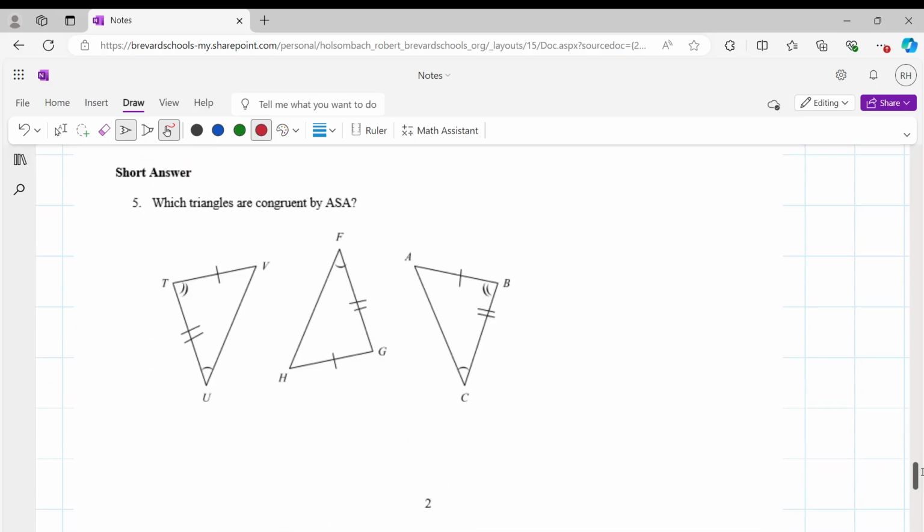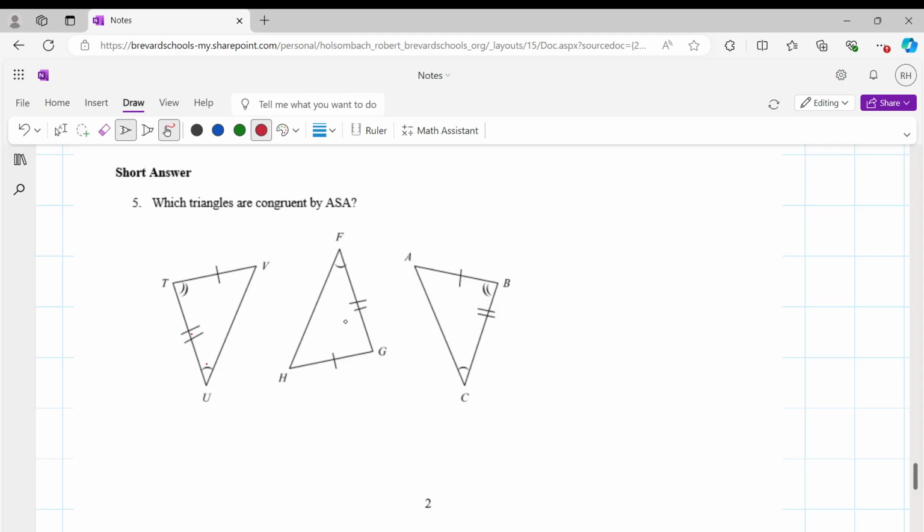And problem number 5. Which triangles are congruent by angle, side, angle? Again, with the S in the middle, the congruent side needs to be between the two congruent angles. So in this first triangle, we've got angle, side, angle. But in the second triangle, we don't have two congruent angles.